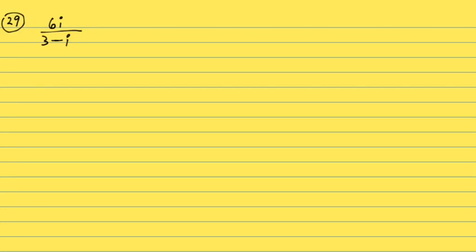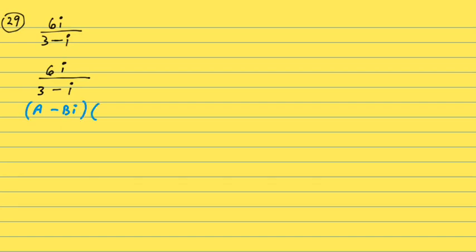29 has a binomial in the denominator with an i. i is the square root of negative 1. You are not allowed to leave square roots in the denominator, which means you can't leave an i in the denominator. So I have to use a complex conjugate. I have a minus bi.